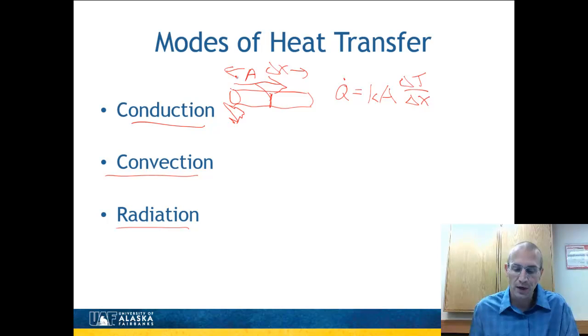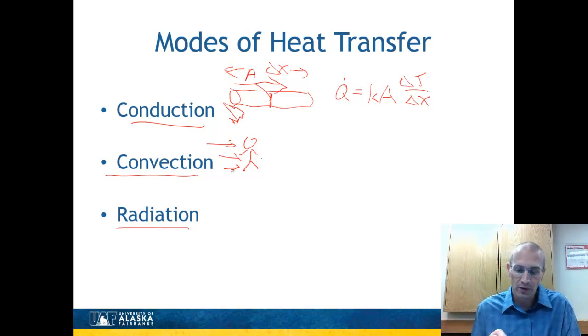Convection is another mode of heat transfer. You notice this, for example, if you go outside on a windy day. Imagine here's a person standing here, and there's a wind blowing, and they would feel perhaps a heat loss if you're in Alaska, maybe a heat gain if you're down in the deep south. But there would be heat transfer by convection.